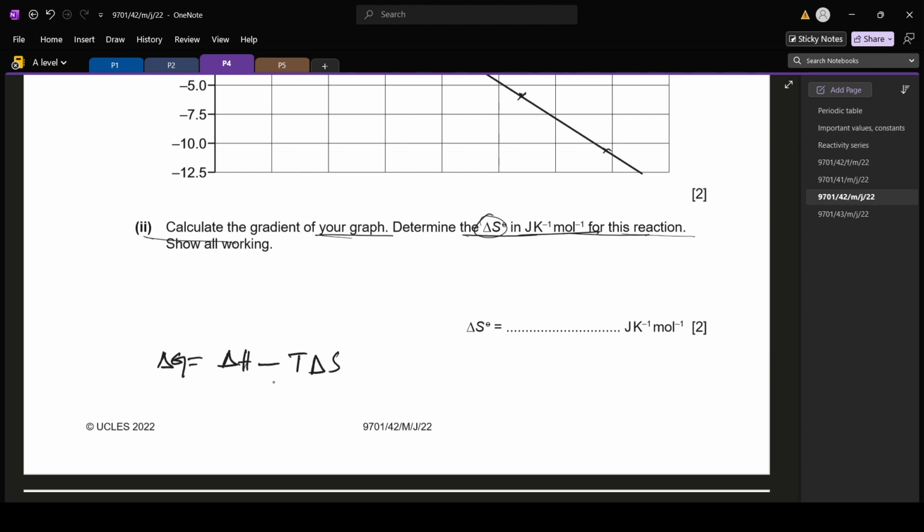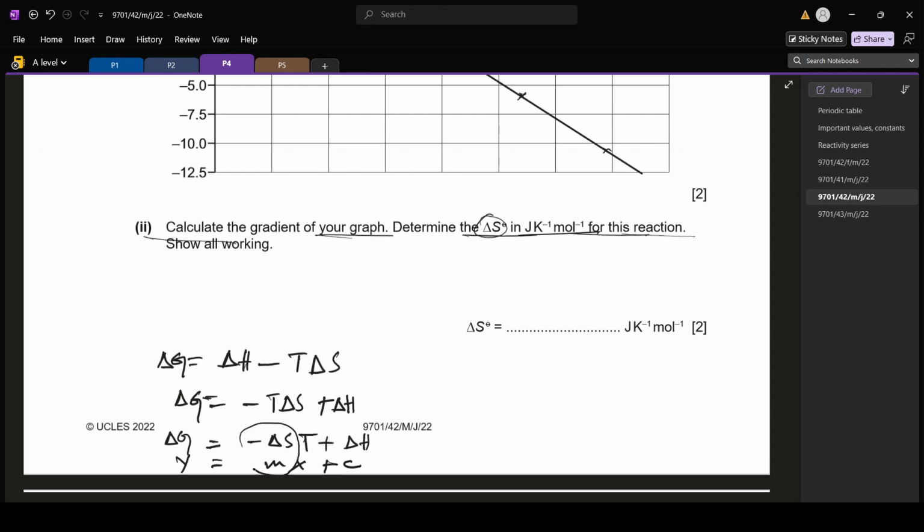If I rearrange the equation, we will have negative of TS plus enthalpy change, and if I further rearrange it, we will have negative of entropy change times T plus enthalpy change, and you can compare it with y equals mx plus c.